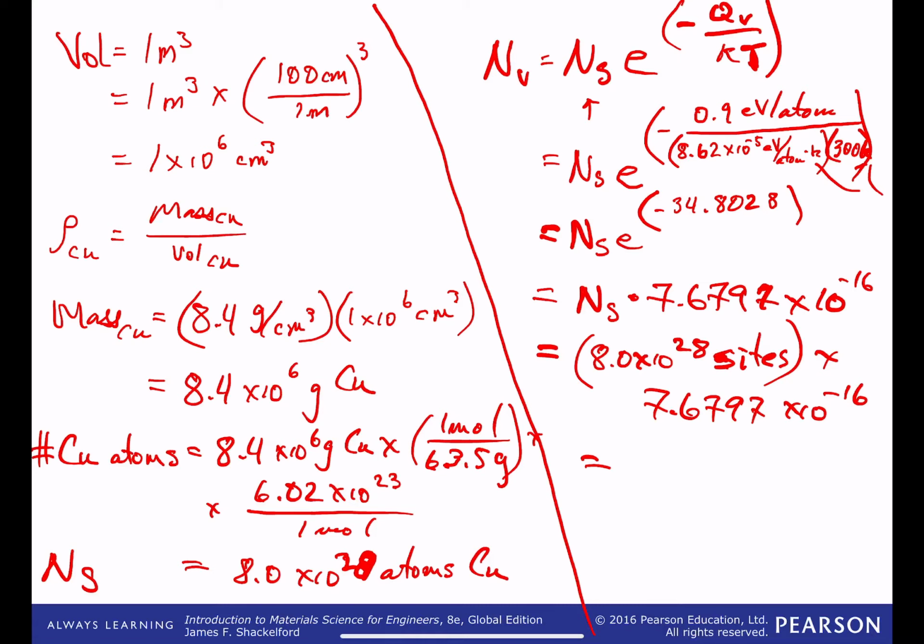And this tells us that we have roughly 6.1437 times 10 to the 13 sites that are vacant. Okay, so out of 10 to the 28 atom sites, 10 to the 13 are vacant.